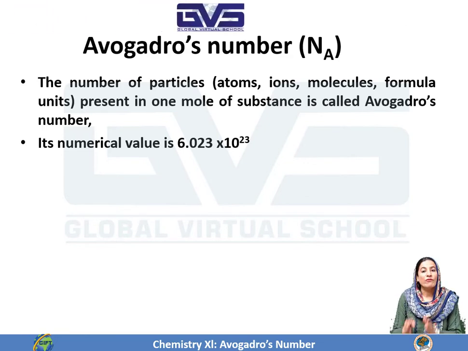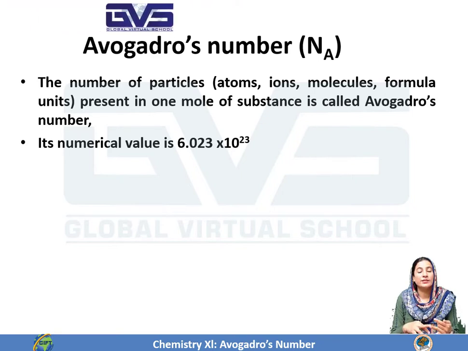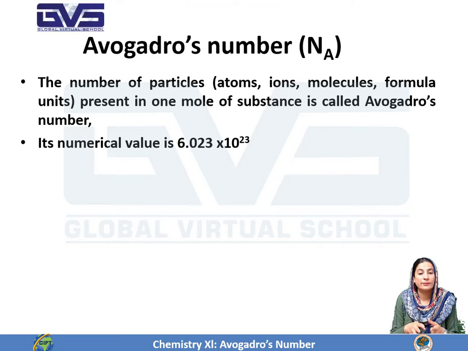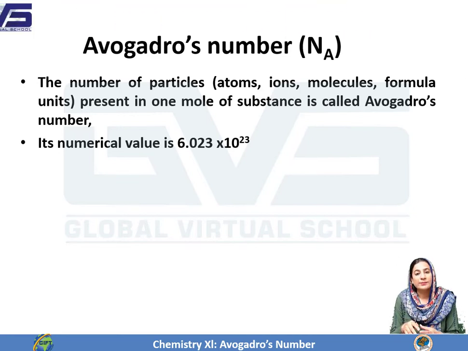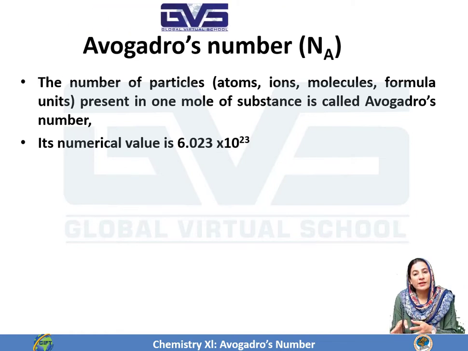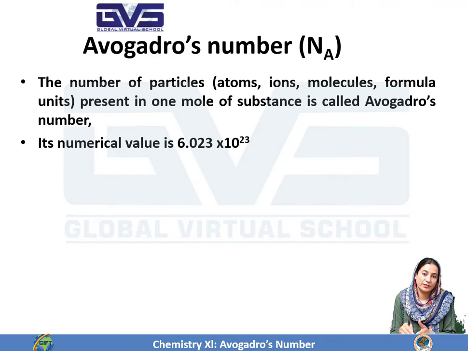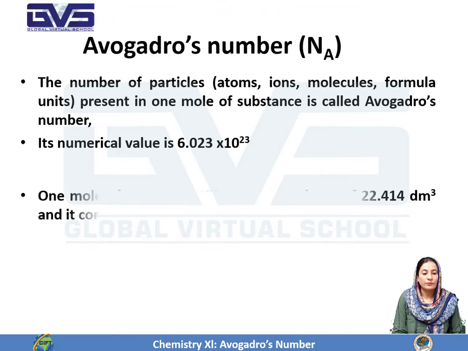So 1 mole of any substance, whether in atomic form, molecular form, an ionic compound, or in the form of positive or negative ions, contains a number of particles equal to 6.023 × 10^23, and this is called Avogadro's number. Hopefully this is clear.